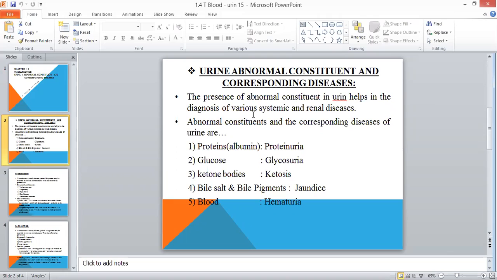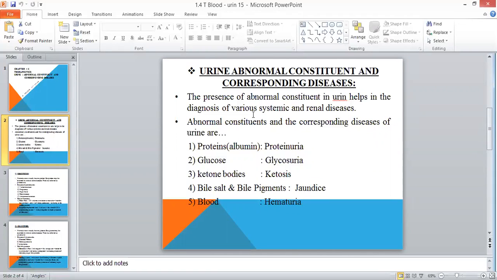Substances like protein, sugar, ketone bodies, and blood are not excreted in normal urine. They are excreted in urine in some pathological conditions, so they are called abnormal constituents of urine. The presence of abnormal constituents in urine helps in the diagnosis of various systemic and renal diseases.